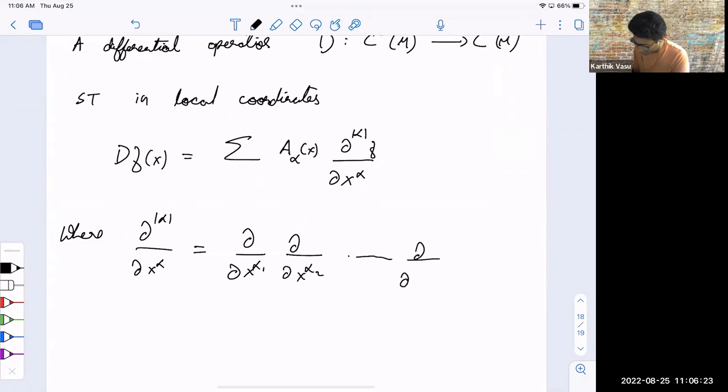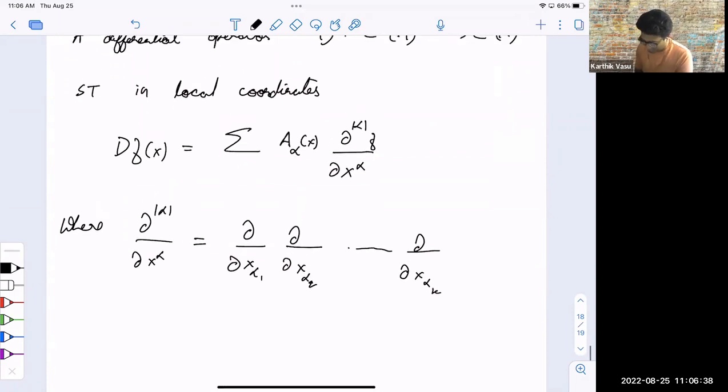I should have this at the bottom, sorry. And x alpha, let's say k. So basically alpha 1 through alpha k belong to the natural numbers union 0.